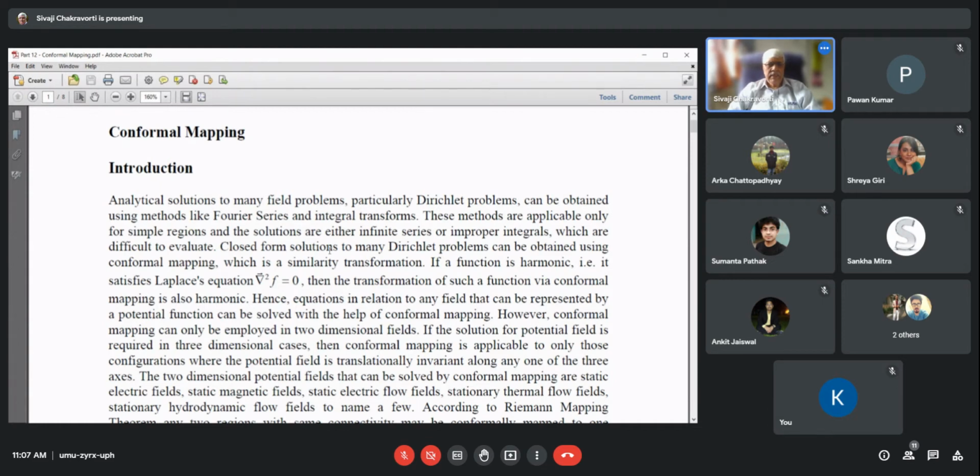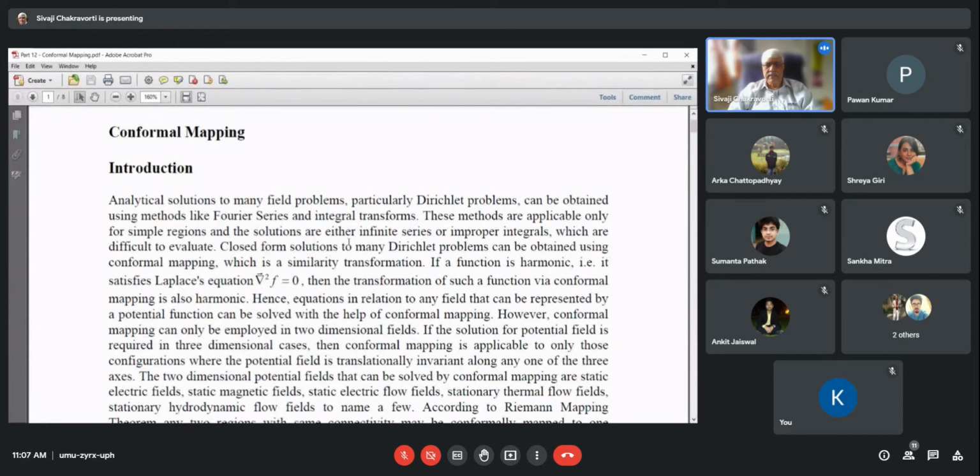First of all, I know many of our students will be going for higher studies later on, and in those classes the faculty will use all sorts of terminology, and then you will be thinking, oh my God, I have never heard of it. So, if somebody says that a function is harmonic, immediately what comes to our mind?